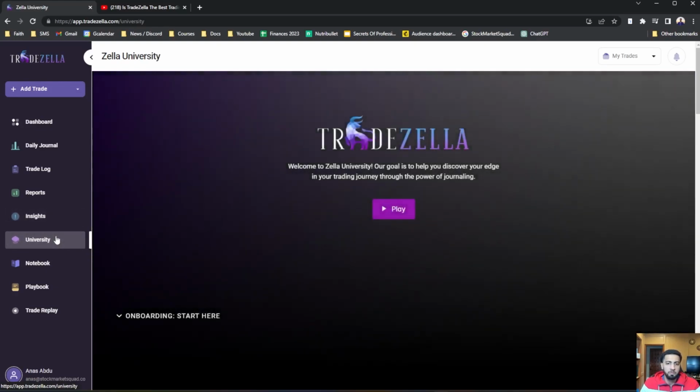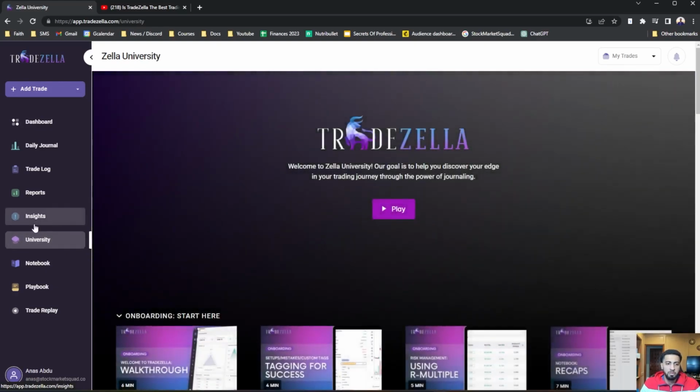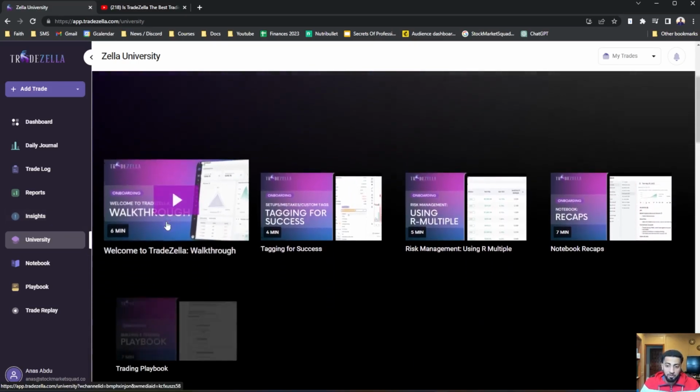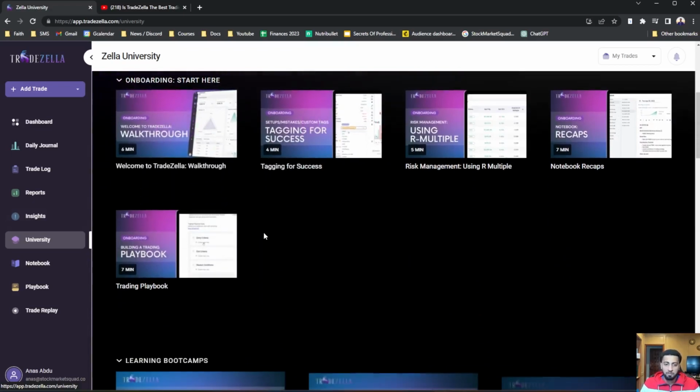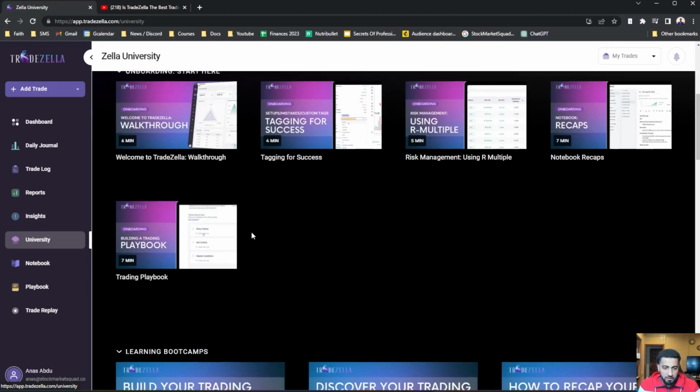And alongside with that is the university. Just like how the Insights is an AI that's going to be helping you get better, university is a big one where there's a lot of webinars, where there's continuous development for your own trading journey. There's not only better ways to go around TradeZella and find all the right information, but also helpful tips and tricks for your own trading so that you can get better as a trader, right?